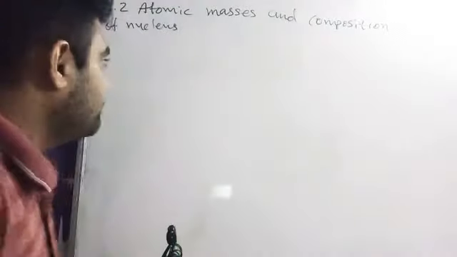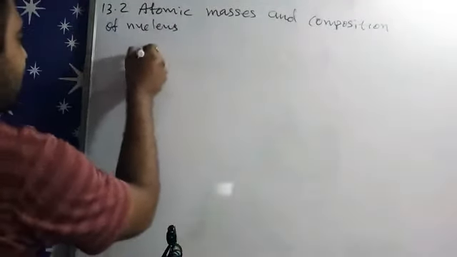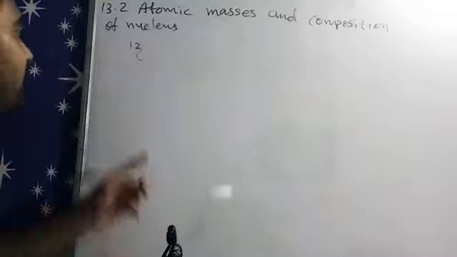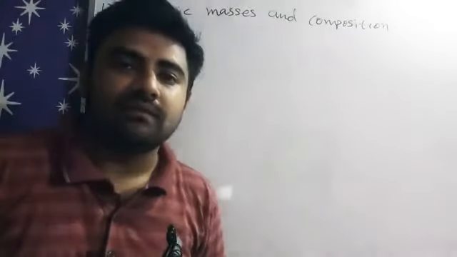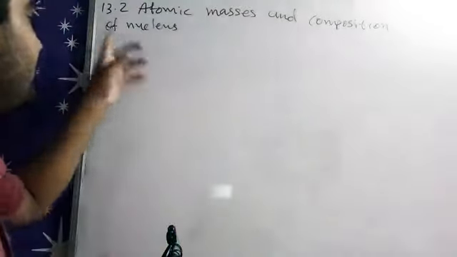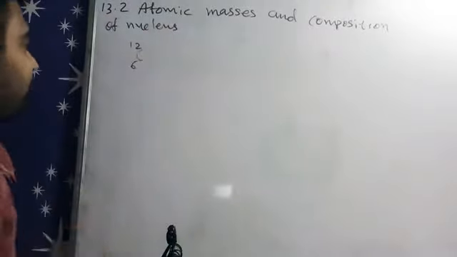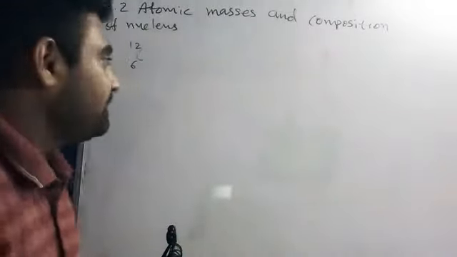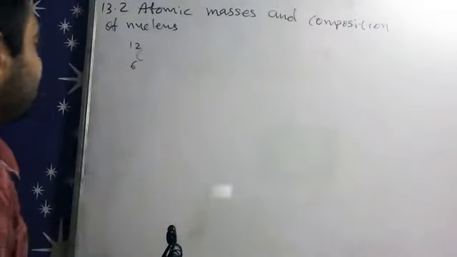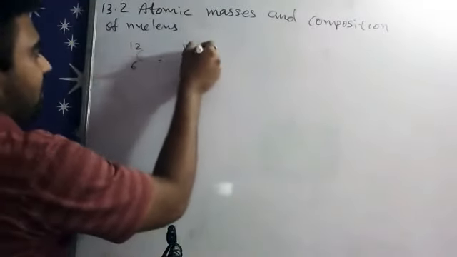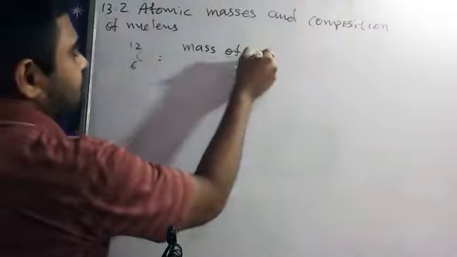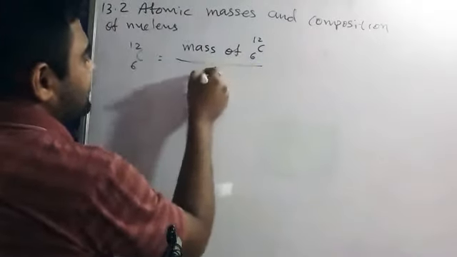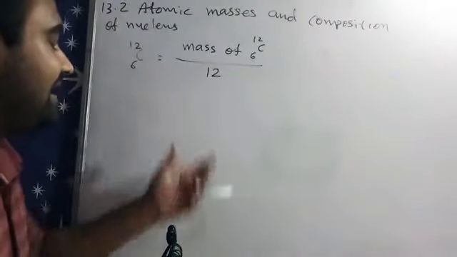For example, here we have carbon, 6C12. Here 6 is our atomic number and 12 is our atomic mass. So we take the mass of 6C12 and divide it by 12, its atomic mass.